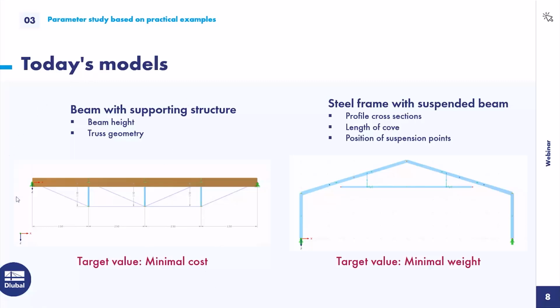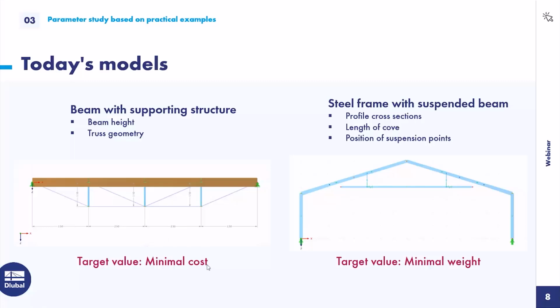So what do we have a look at today? I have brought two models for you. On the left side, it's a beam with a supporting structure. Here, it's a timber construction, just a parametric cross-section, and here is a truss geometry, which is flexible, designable with global parameters.